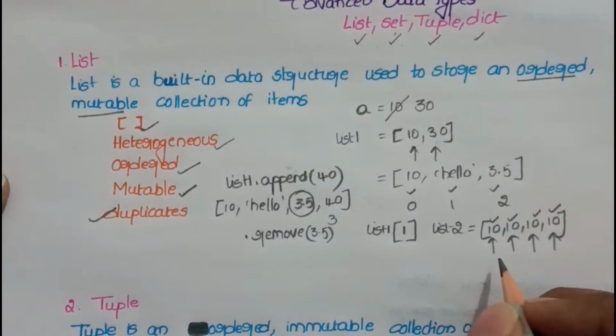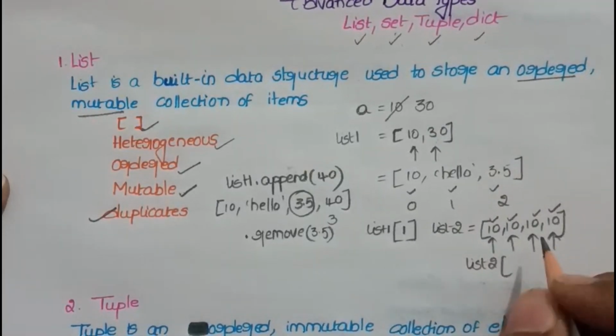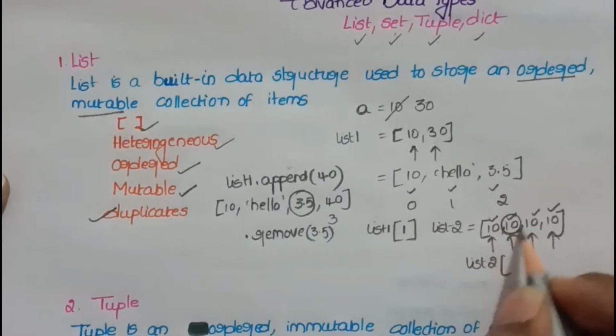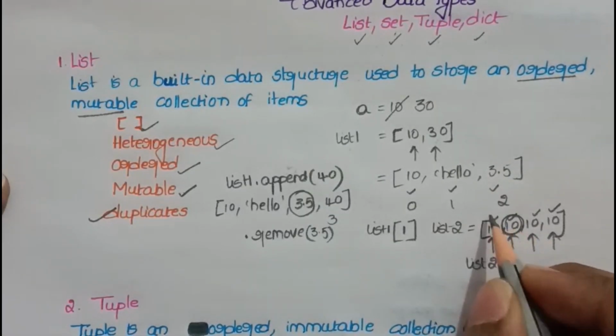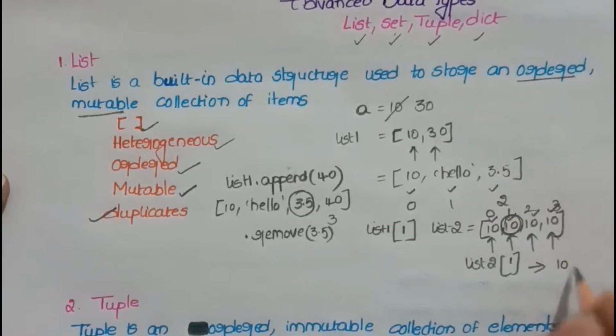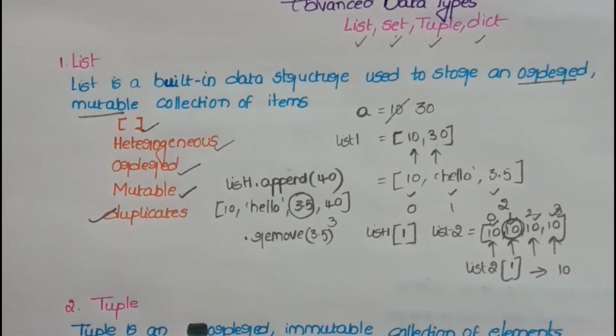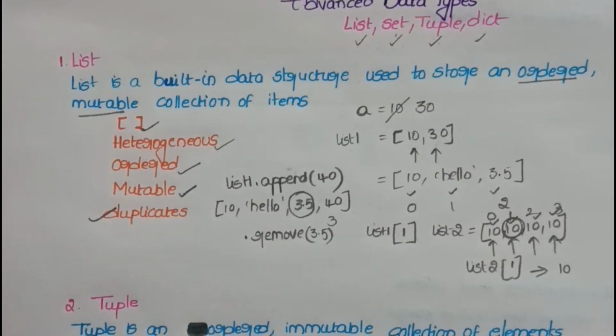Why are duplicates allowed? When you want to access the second 10, you have indexing, right? 0, 1, 2, 3. If you print list2[1], you will get 10. Since every element has its own index, duplicates are allowed in a list. This is all about the list data type in Python.